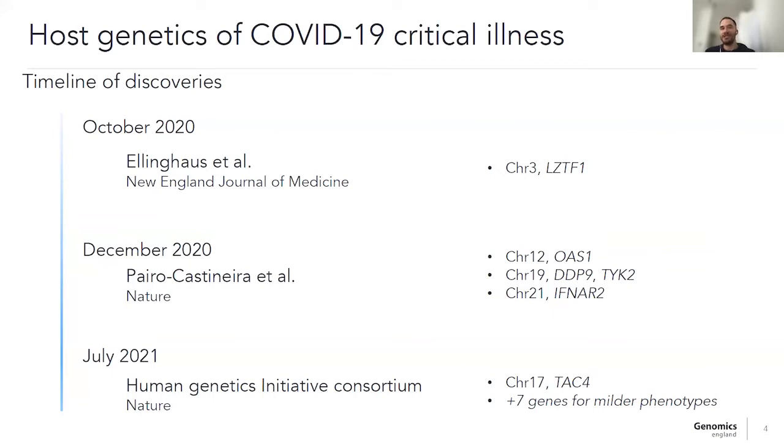Their sample sizes were larger for milder phenotypes because some of the studies contributing to that consortium were based on questionnaires or just COVID positive tests. And we, as Genomics England, are working with the Human Genetics Initiative to combine our datasets and make new discoveries.